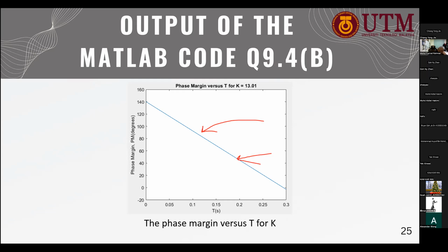If using y equals mx plus c, then c will be 140. Then the slope, wait, I calculate. The c is 140, then the slope is around 466 something. What is T?